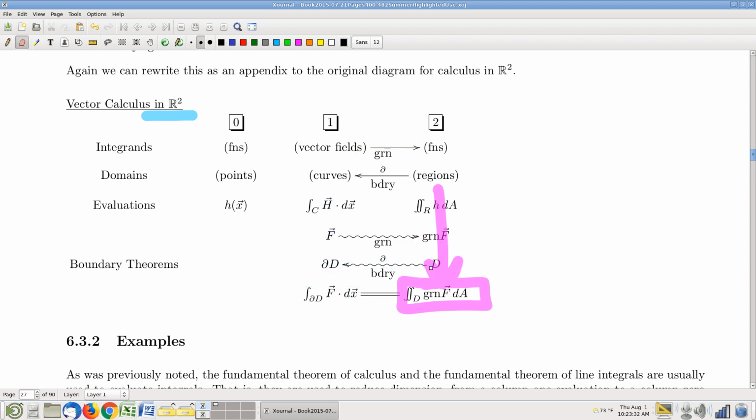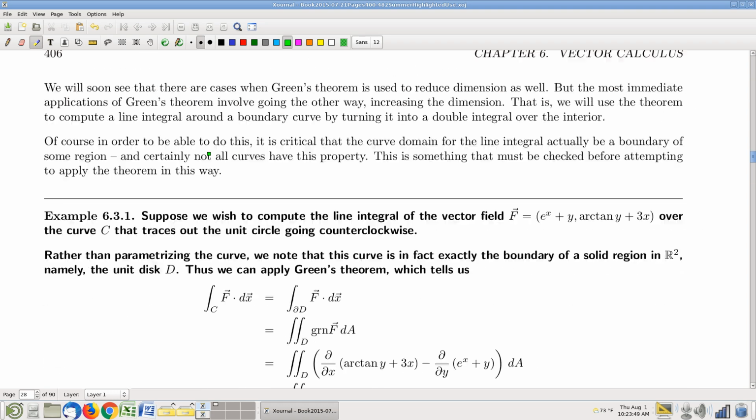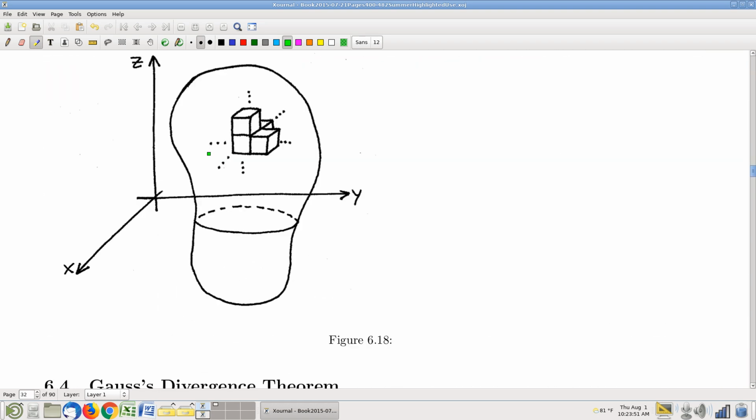Okay. We're going to follow that same pattern in R3 now, 3 dimensions instead of 2, right? And the analogies are overwhelming. Y'all have hopefully started to notice the pattern, so I'm going to move a little bit more quickly through it. We're doing this 3-dimensional version of the theorem.